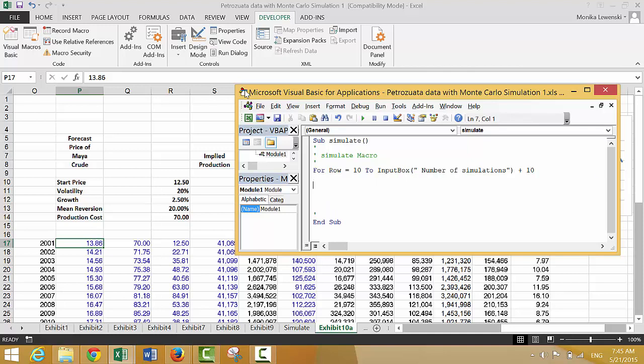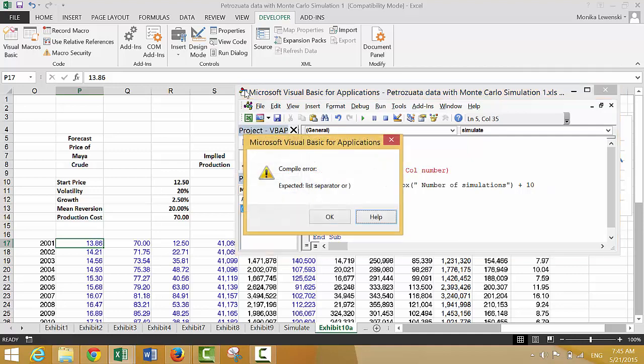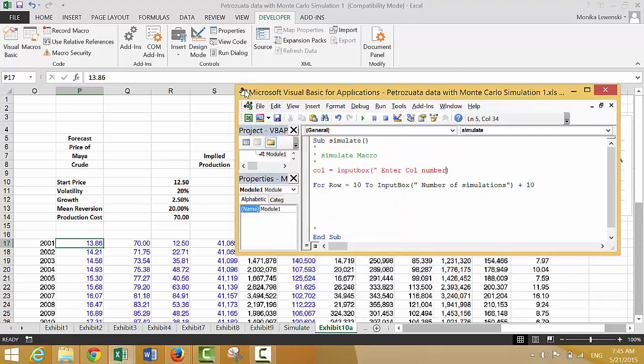Before that, we'll put column equal input box, enter column number.